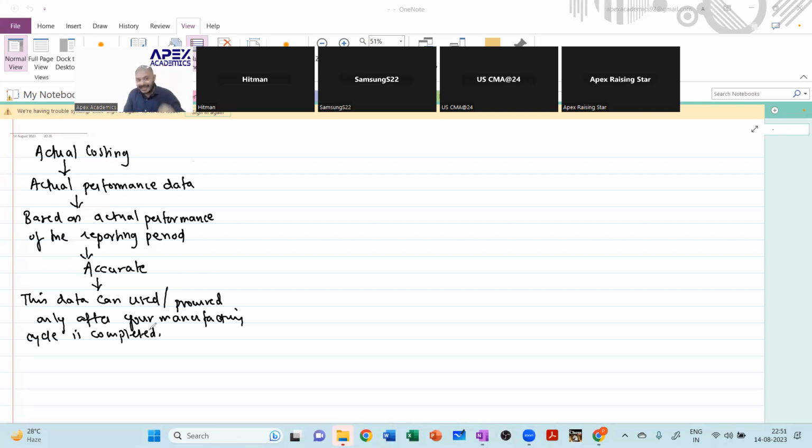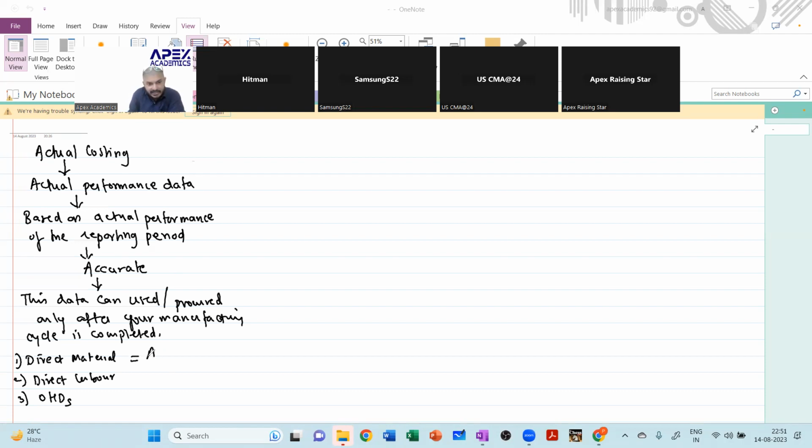In this, there are three items that you are going to calculate. The first is direct material, the second is direct labor, and the third is overheads.